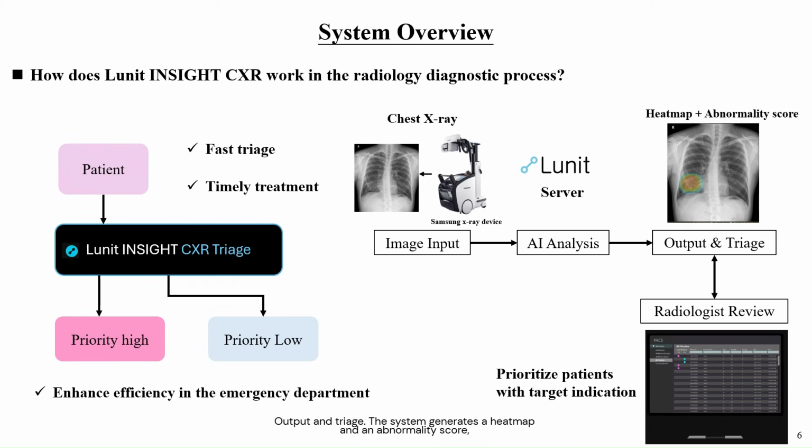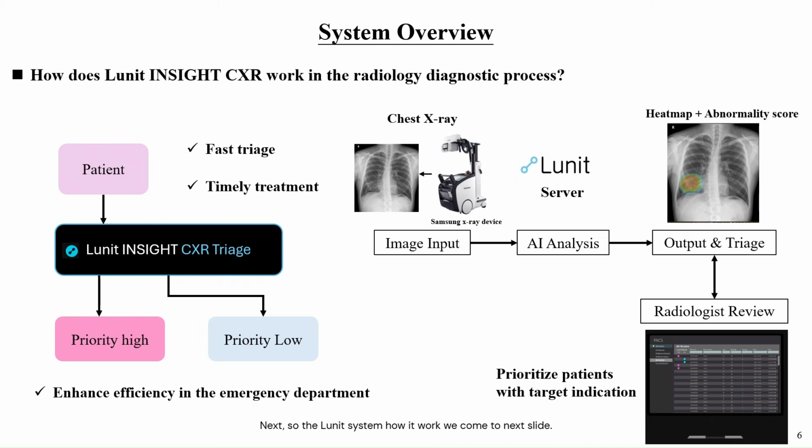As output, the system generates a heat map and an abnormality score, then classifies cases into high priority or no priority for review. Radiologists then review the cases. AI highlights the findings, enabling faster diagnosis of critical cases and more efficient patient care.